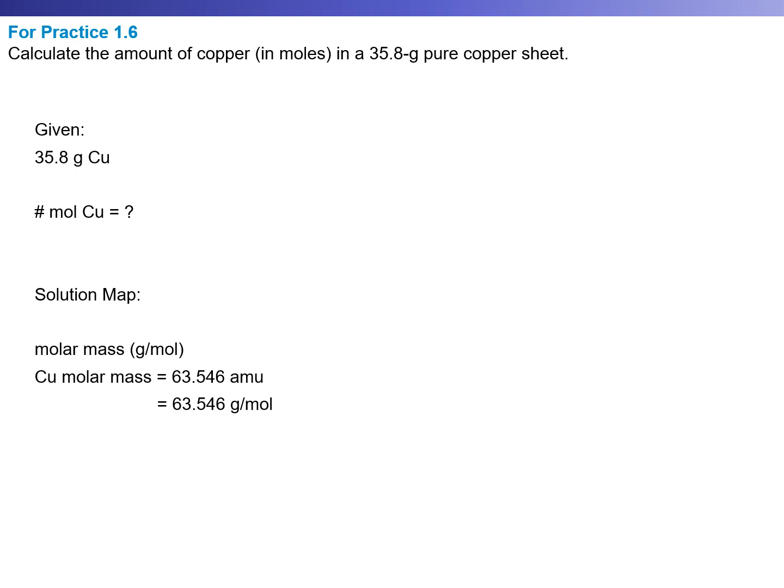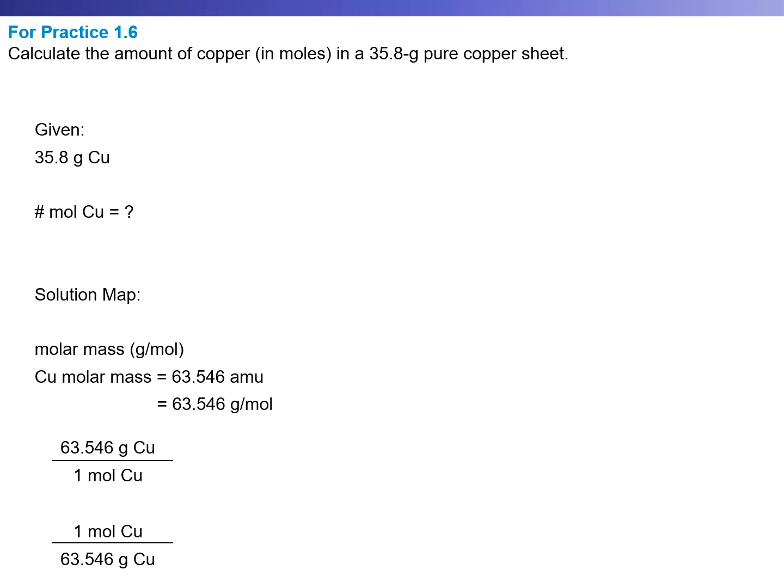Now, whenever we have a ratio or a fraction written with two different types of units, we can write that fraction one of two ways. One way we could write that fraction is 63.546 grams of copper over 1 mole of copper, or we could say 1 mole of copper over 63.546 grams of copper.